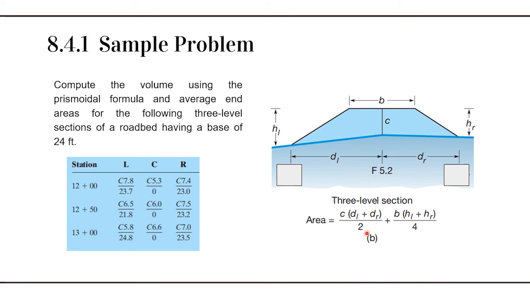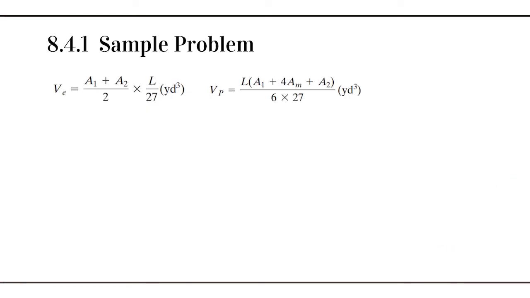It's time for us to go back to the problem that we have to compute for the volume using the two methods discussed earlier. So for the average end area method, VE is equal to area 1 plus area 2 over 2 times L over 27 cubic yards.